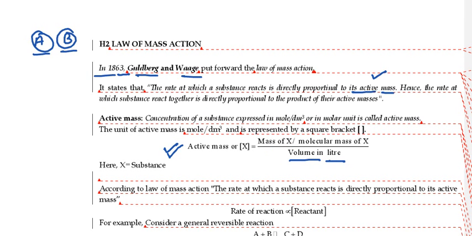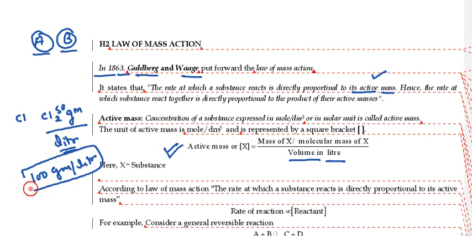For example, here you have a substance, chlorine, 50 gram in 1 liter, or on one side you have 100 gram per liter. So this active mass is more as compared to this one, right? So the rate of reaction for this one is more as compared to this one.